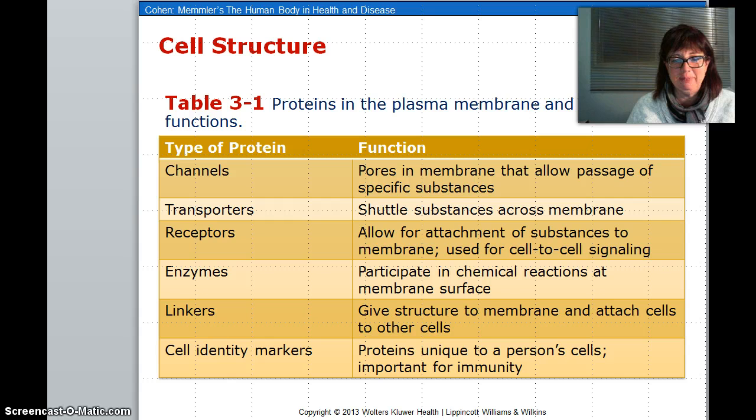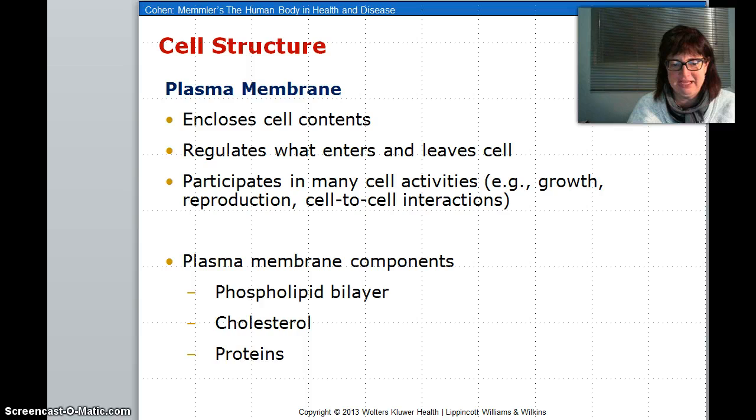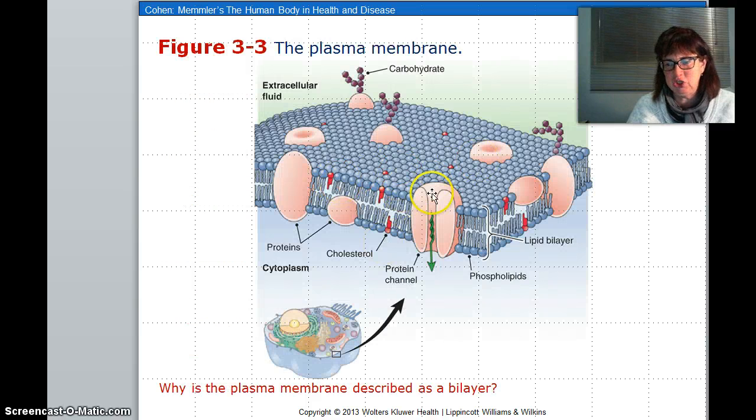When you look a little more at the plasma membrane, the plasma membrane is a phospholipid bilayer, which means it has two layers of phospholipids. Now, a phospholipid is a unique structure molecule. If you remember, it's a lipid where one of the fatty acids has been replaced by a phosphate group. That makes the molecule have a non-polar end on the inside and a polar head on the outside, making the molecule ideal for membranes.